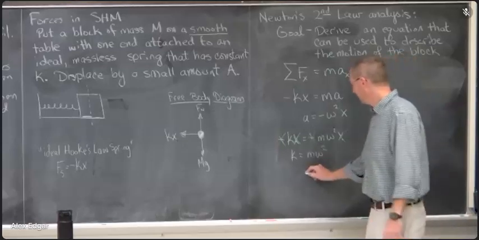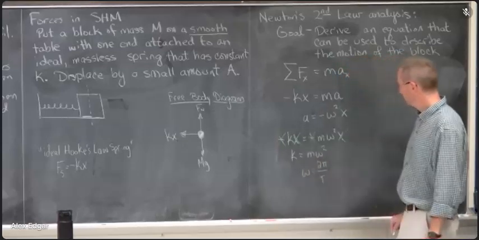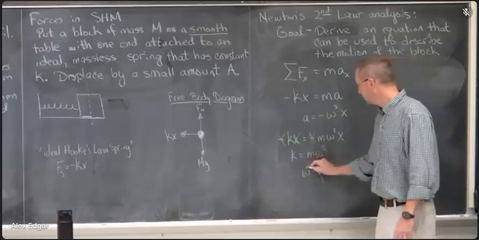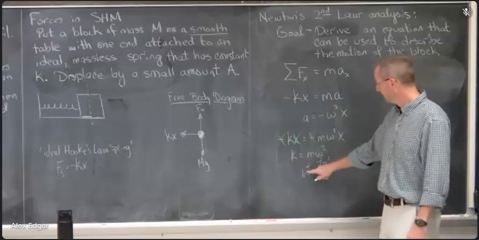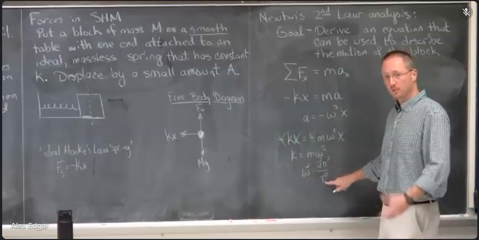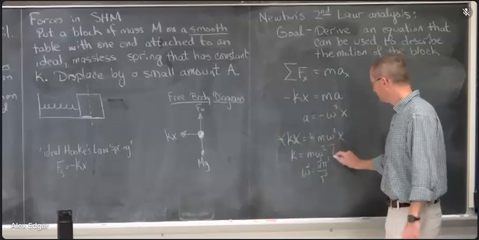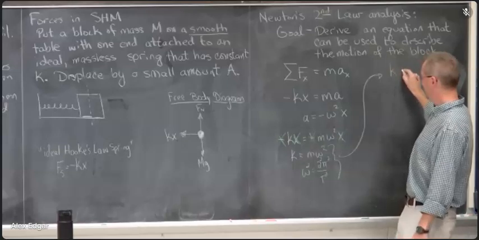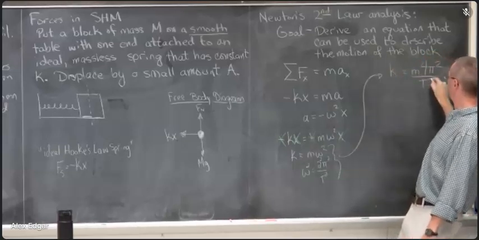Remember that omega is 2 pi over the period. And if we square the omega, we just put squares on all of these. And now we can get rid of the omega, the angular frequency, and replace it with the period that we can just measure with a stopwatch. So let's put these two together, and we'll have k equals m 4 pi squared over T squared.